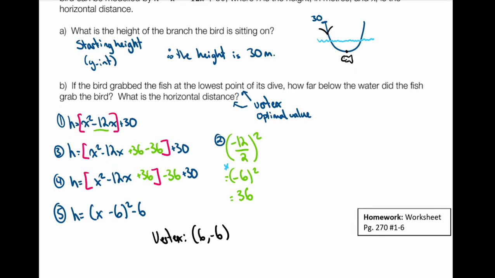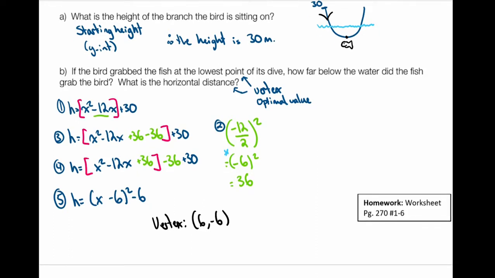So in this case, this is the lowest point on my graph, or on my quadratic. So the question's asking, how far below the water did the fish grab the bird? Well, looking at the optimal value, or the vertical distance, the fish grabbed the bird 6 meters below the water, because that's my y value.